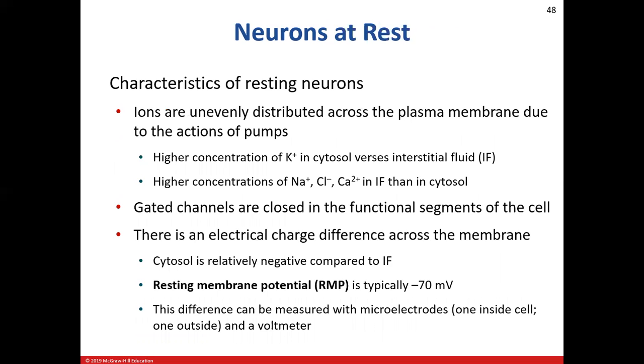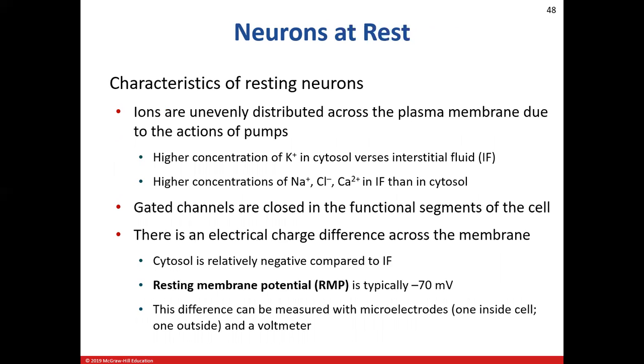So when we look at neurons at rest, we look at a couple different characteristics. One, we know that ions are unevenly distributed across the plasma membrane, and this is mainly due to the action of the pumps, particularly for our purposes, the sodium and potassium pump, which helps to maintain that uneven distribution.